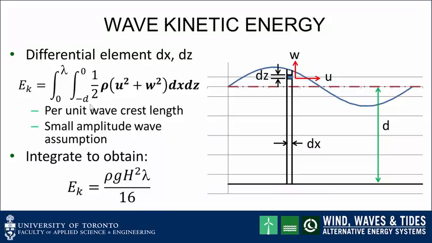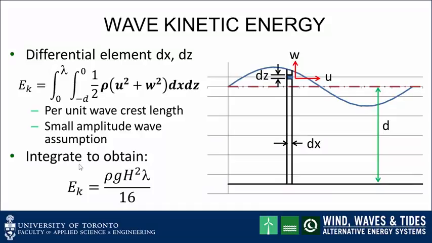If we integrate this, we integrate over x from 0 to lambda, and also over z from depth to the mean surface height. In putting 0 here, we're assuming a small wave amplitude, so the height of the wave above the mean height is small in comparison to the depth.